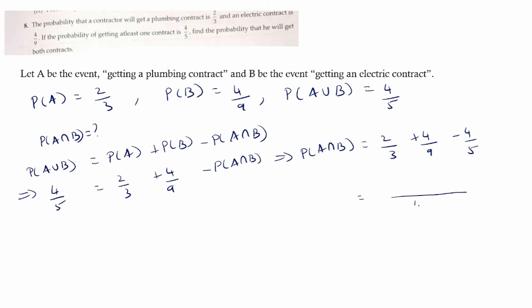If we take LCM and simplify, we will get the answer. So here 30 plus 20 minus 36, which is equal to 14/45. So probability of A intersection B equal to 14/45.